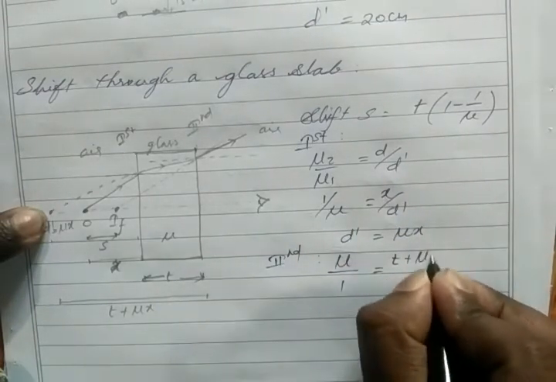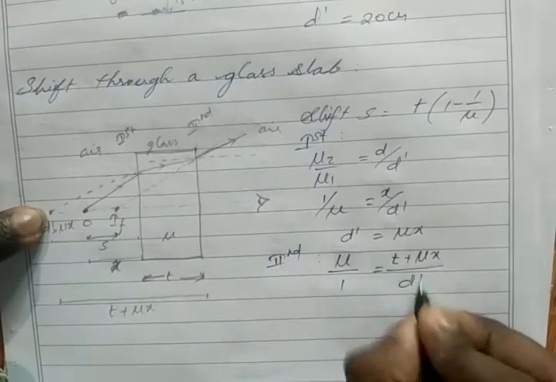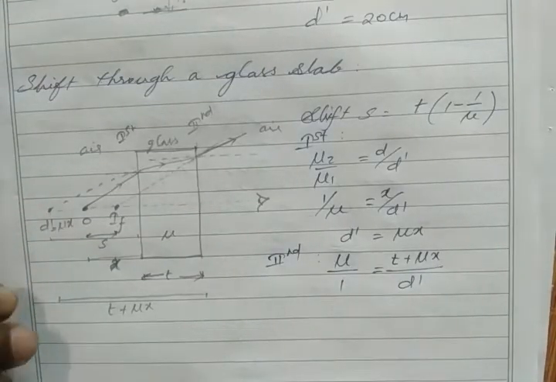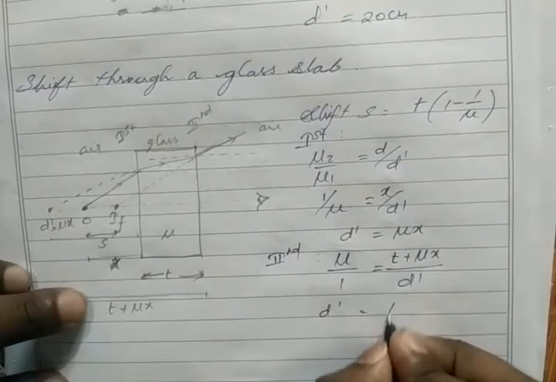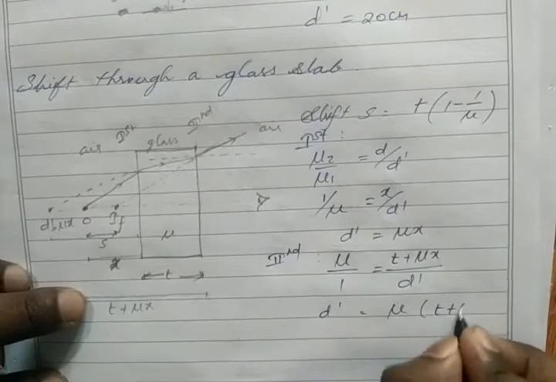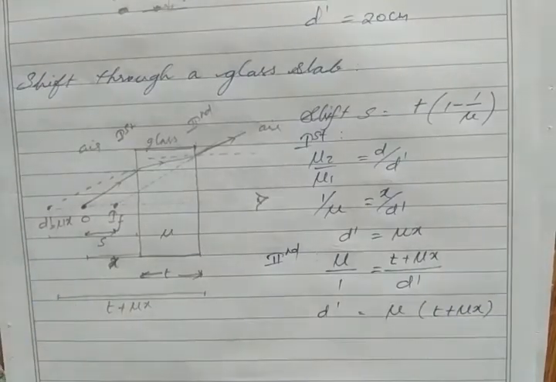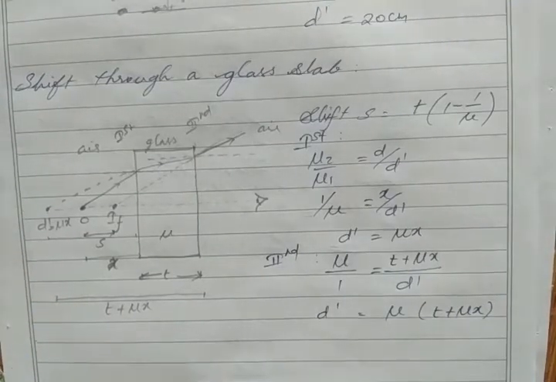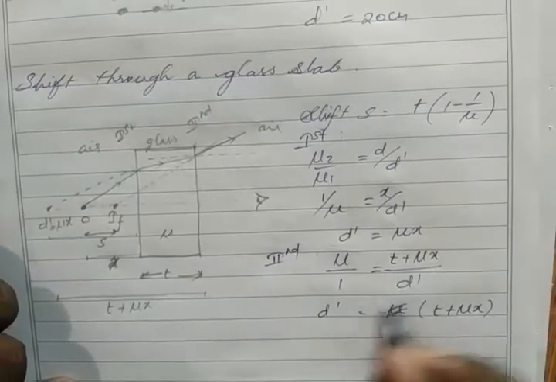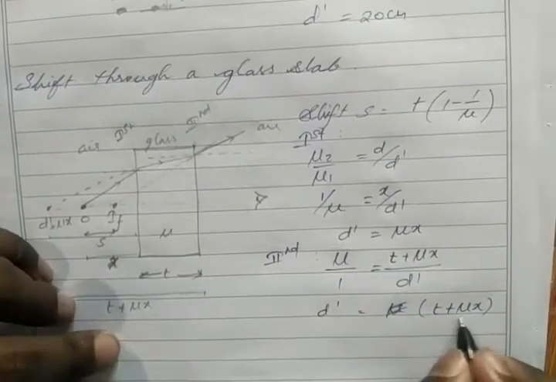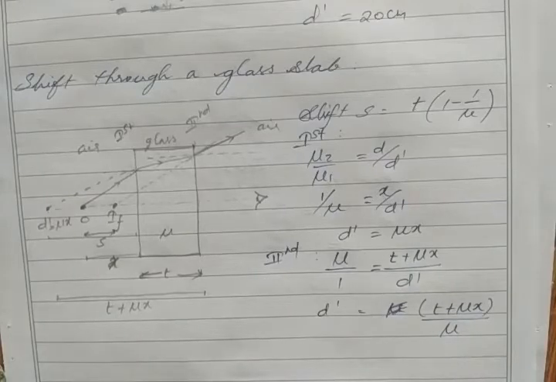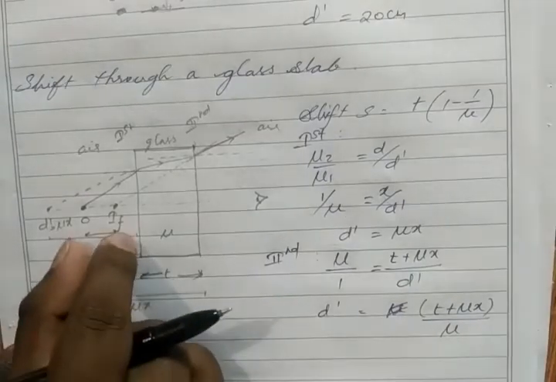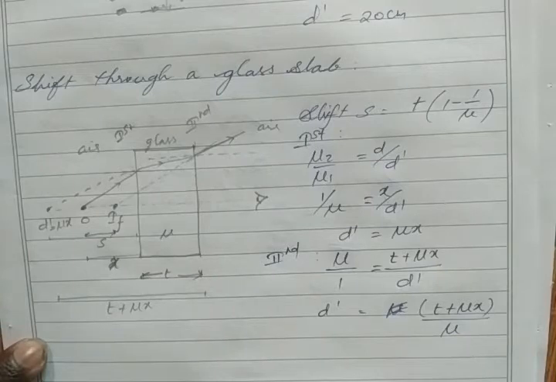t plus mu x divided by d dash, that we have to find. Clear? So d dash equals, cross multiplying, t plus mu x divided by mu. This is our d dash value. But our motive is to find the shift, the s value, not the d dash.